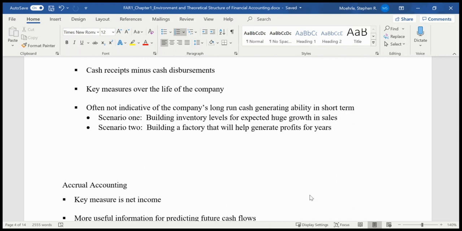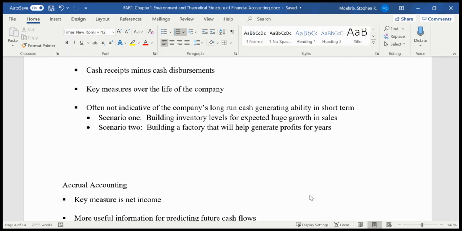That's a very positive development. But in the short run, we're going to put out a lot of cash to acquire that inventory. Hence, on a cash basis of accounting, the profitability of the company is going to look quite negative, possibly. But in the future, we're going to sell all that inventory for great sales profits.